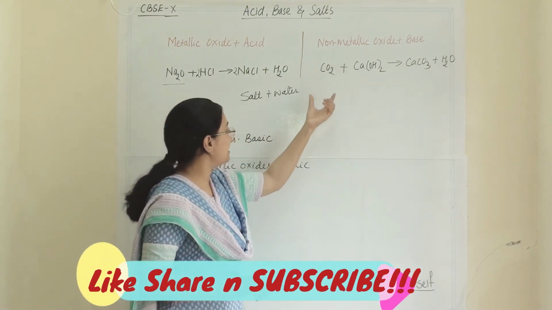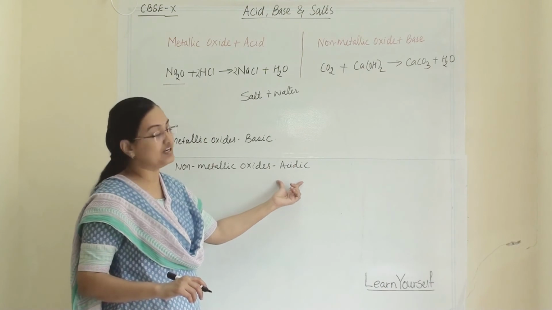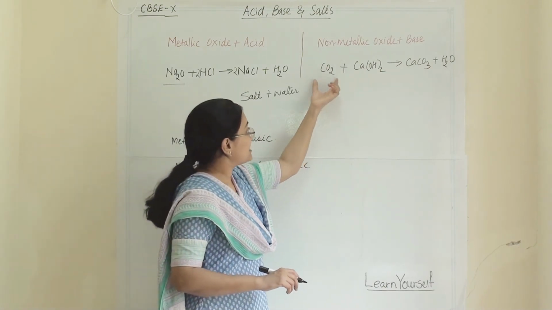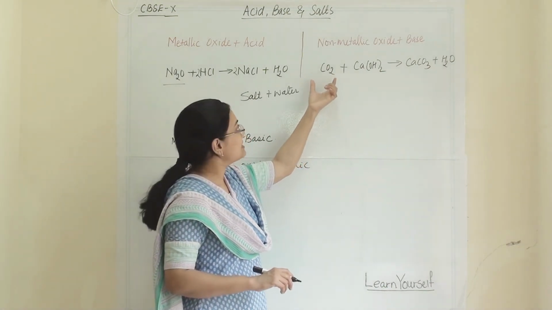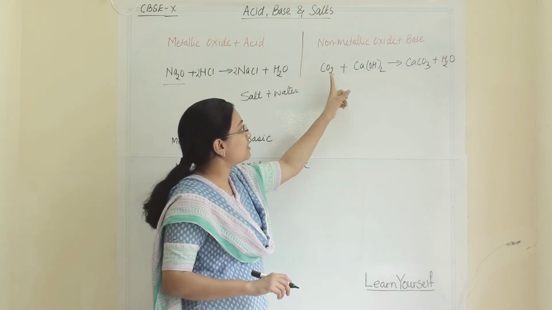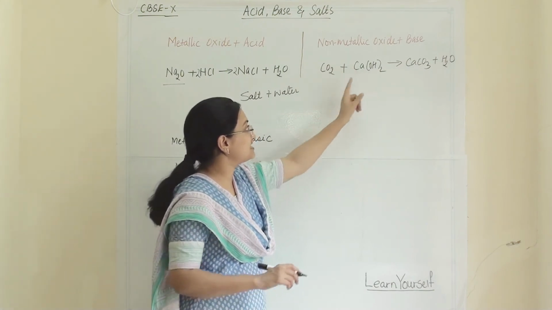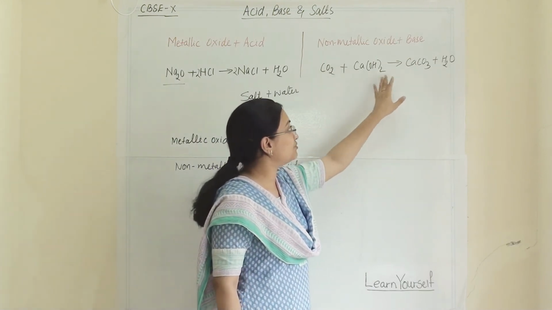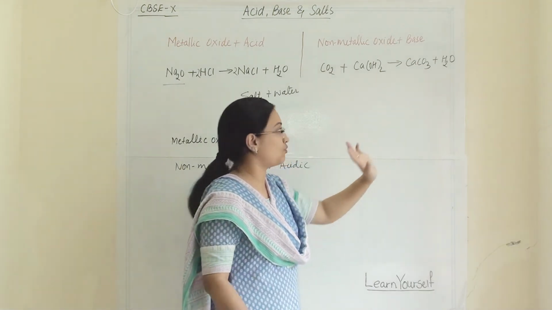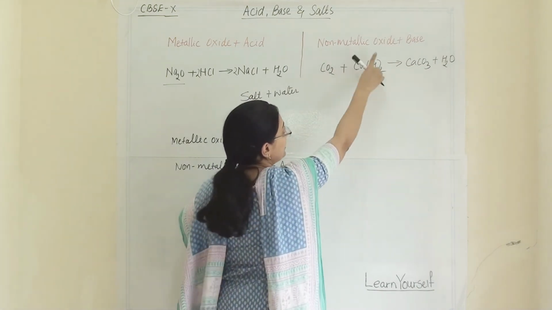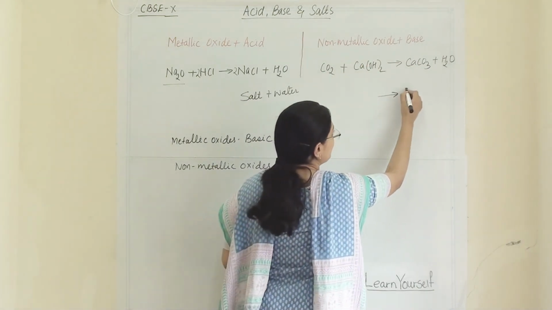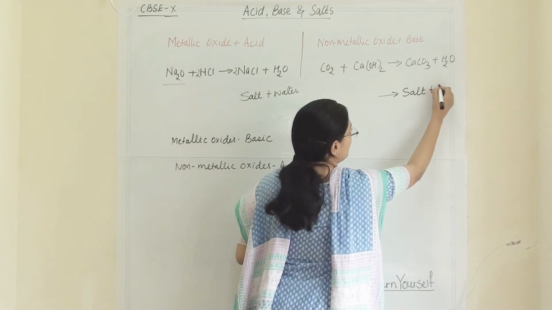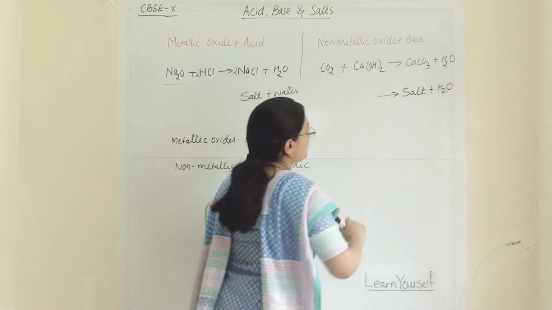Similarly, non-metallic oxides are acidic in nature. So the acidic compound, that is non-metallic oxide, carbon dioxide, is reacting with base. Calcium hydroxide is a base. So when it reacts with base, we will get salt plus water. So here also, when non-metallic oxide reacts with base, we will get salt plus water.